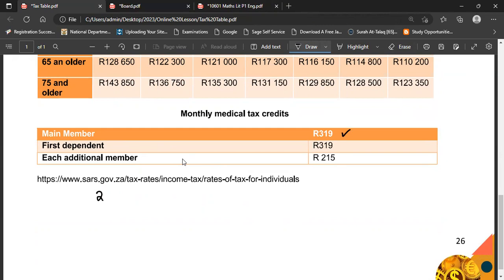Also, the first dependent will take the same amount, and each additional member will take 215. So those 2 people will share the same amount, plus the other 2 remaining.